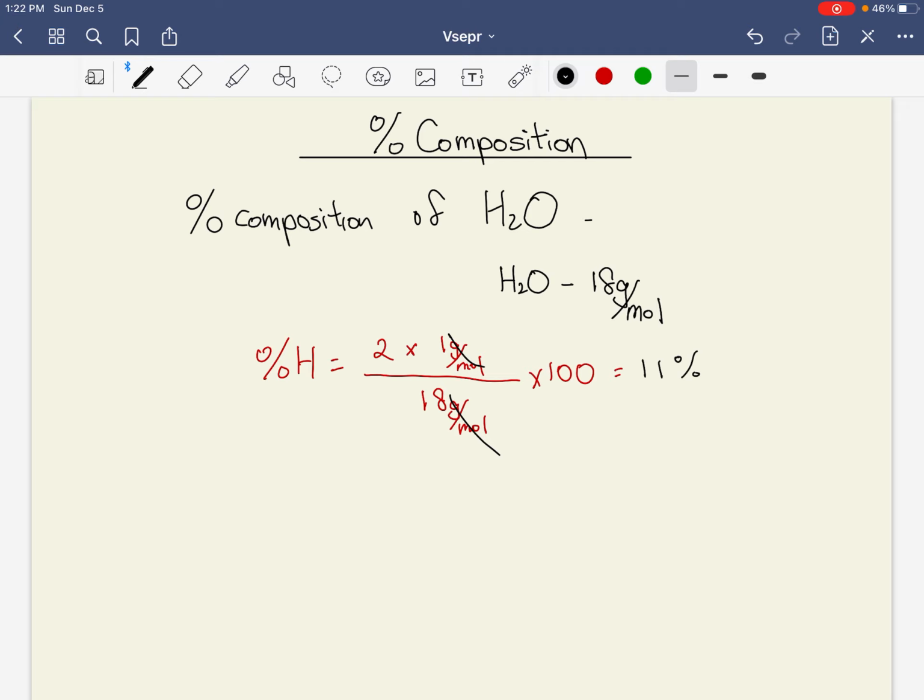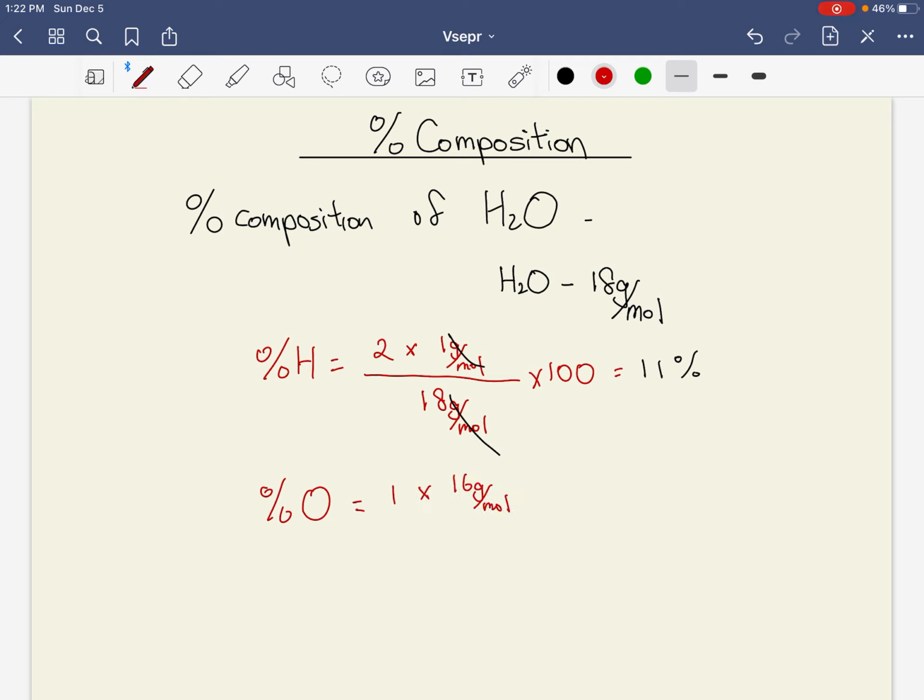Now, what is the percentage of it being oxygen? Well, you really don't have to calculate this, because all percentages add up to 100. If hydrogen is 11%, oxygen should be 89%, right? But let's just do it. There's one oxygen, and each oxygen is 16 grams per mole.